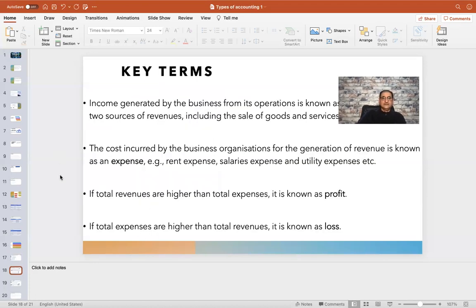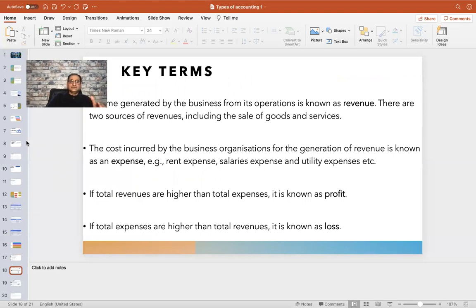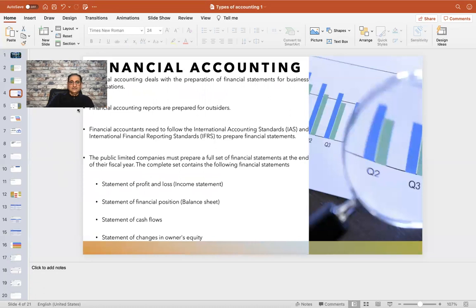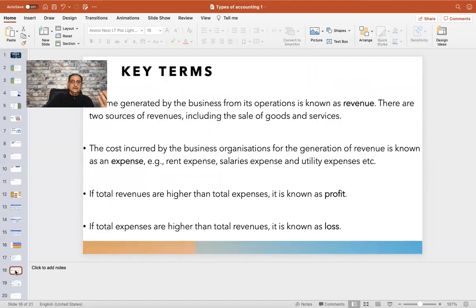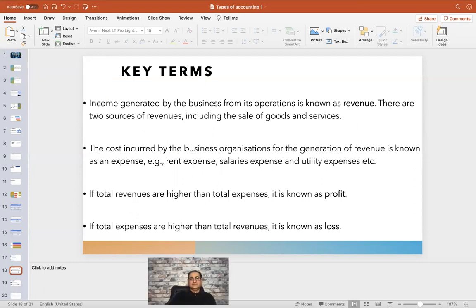Then if we go to the next slide, here you can see the definitions of the key terms. All the key terms which we have discussed today, I have highlighted. Let me go back. You can see on this slide that revenue, expenses, profit and loss are all highlighted. Why? Because I have provided the definitions of these key terms.